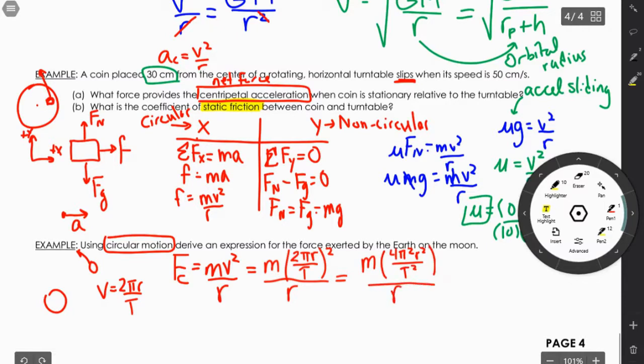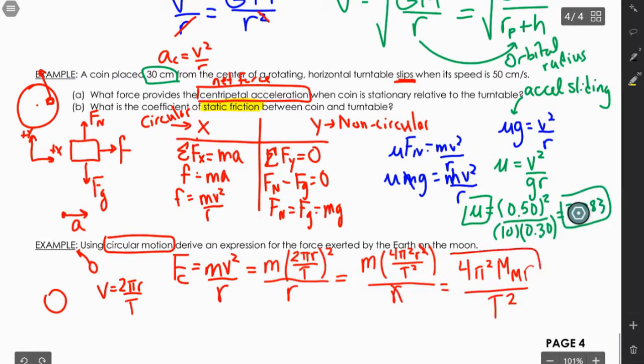Now we just do a little bit of algebra. We're going to bring this T squared down. We have an r in the denominator and 2 r's in the numerator, so one is going to go away. This ends up being 4 pi squared times the mass of the moon, because it's the object in orbit, times r divided by T squared.